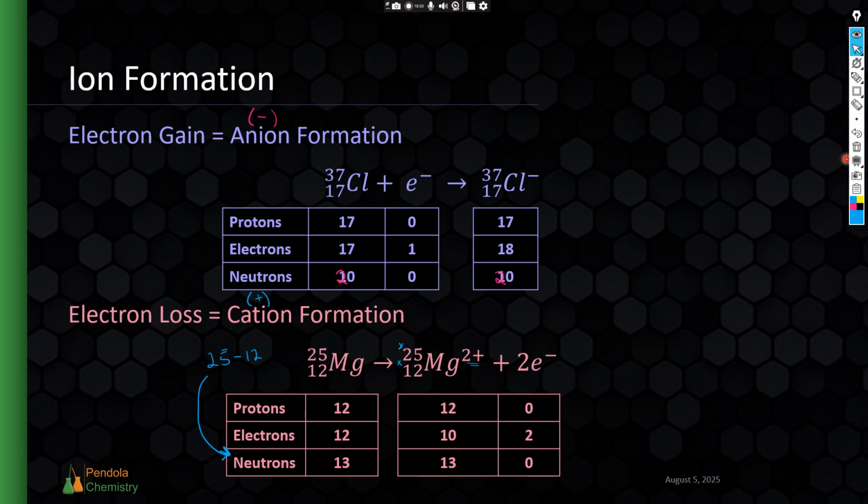So we can have different ions form with the different types of isotopes. That is very important to keep in mind because in AICE Chemistry, you're going to be asked to use a lot more critical thinking. You're going to have to use more of this brain capacity to say, okay, I can ignore the protons and the neutrons because they're not affected by the gain or loss of electrons, and so they're going to remain the same from the neutral isotope to the ion isotope or charged isotope.